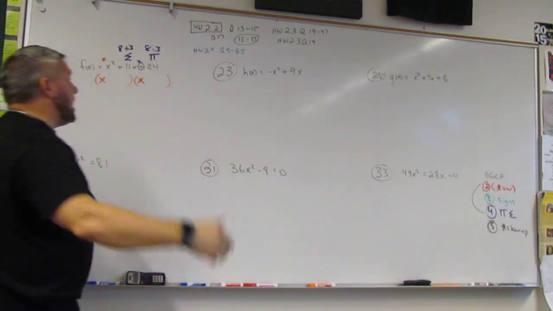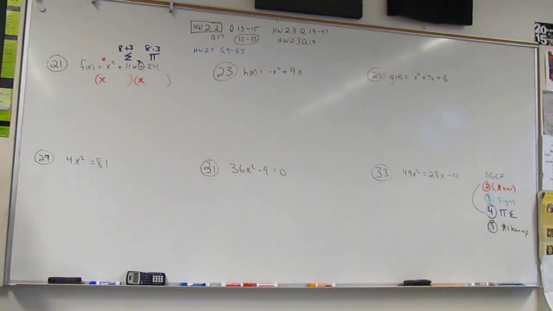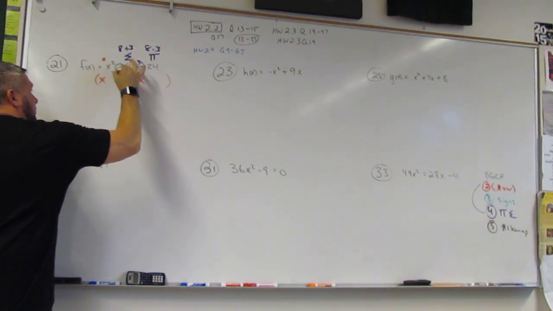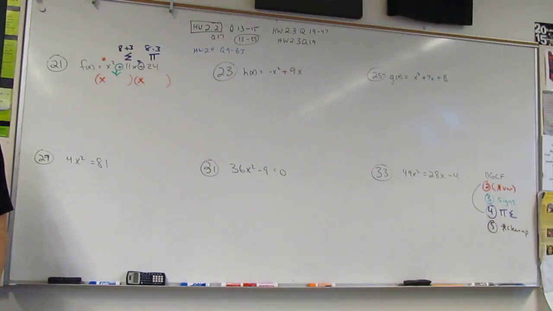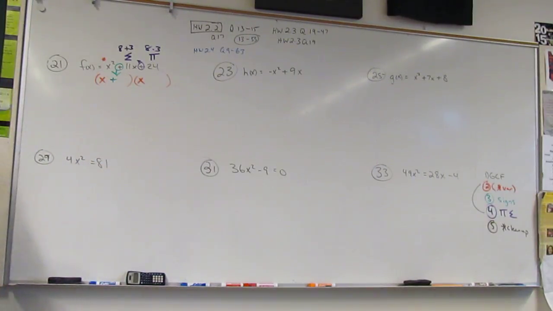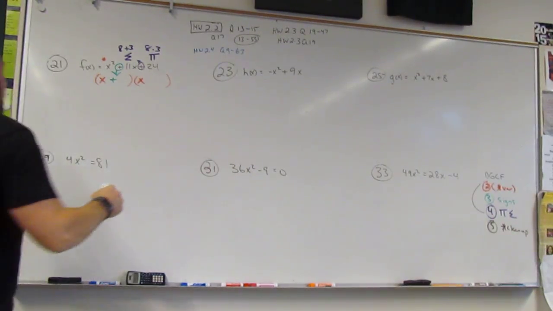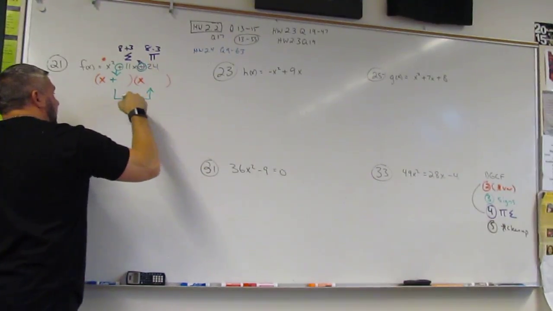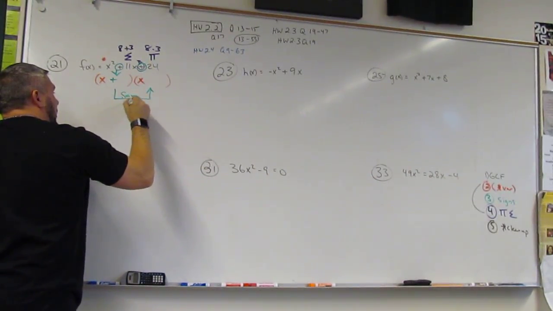Next, signs. I'm going to take this first sign, and it's going to come down. Can everybody do that? Bring that first sign into the parentheses. Now, this sign right here tells me if these signs are the same or different.